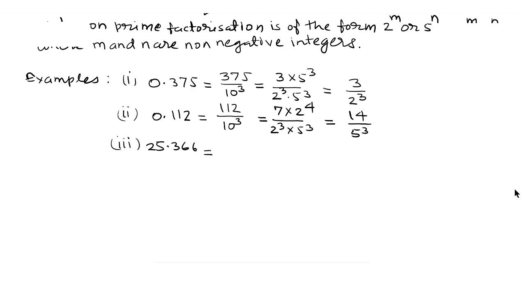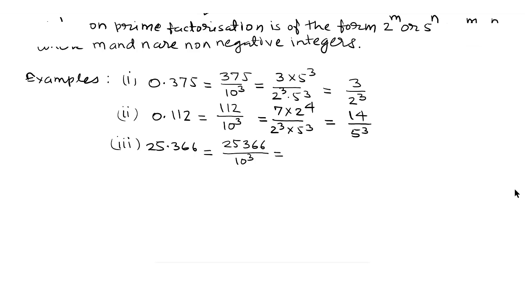We go to the third example, 25.366. We write this as a rational number, then this becomes 25,366 upon 10 to the power 3. We again put 1 for the decimal and 3 zeros for the 3 digits after the decimal. So this gives us 25,366 upon 10 to the power 3.